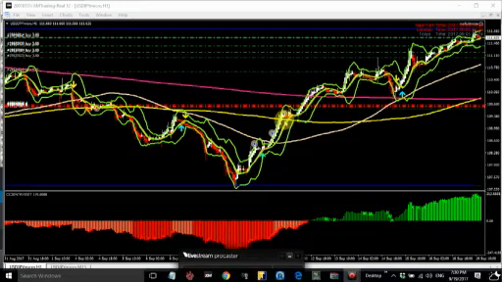As long as the price is above the moving average 200, which is this yellow line of mine, definitely you will get opportunity to buy into the market.